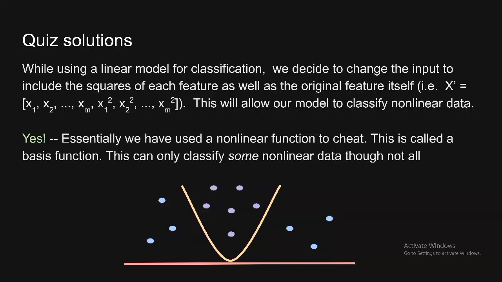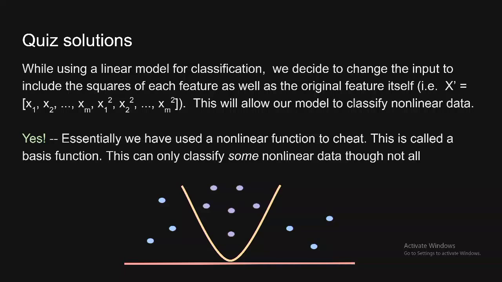This data is very clearly not linearly separable, but using this parabola, we can separate it. This would be true if we just squared the features instead of taking both together.